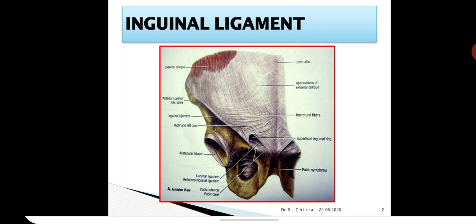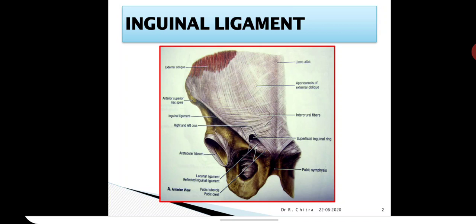Inguinal ligament. It is the thickened lower border of the aponeurosis of the external oblique muscle. Are you seeing in this image the aponeurosis of the external oblique muscle, which is the first, superficial muscle in the anterior abdominal wall.